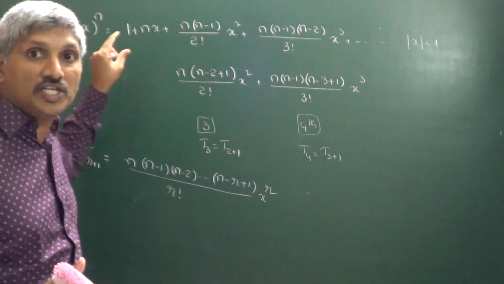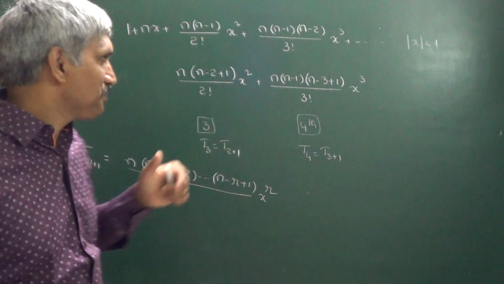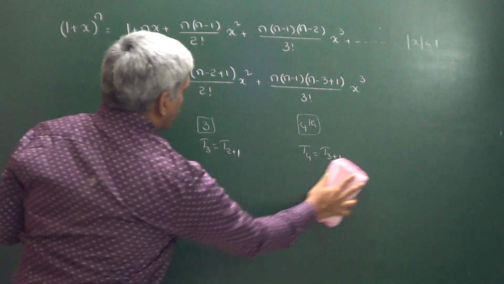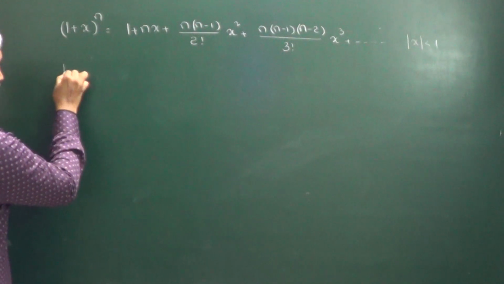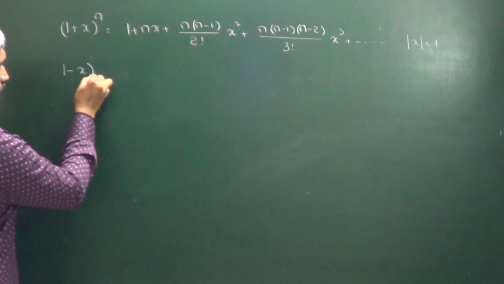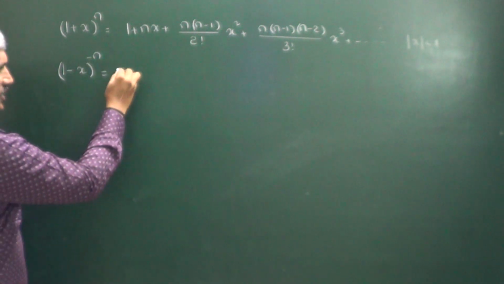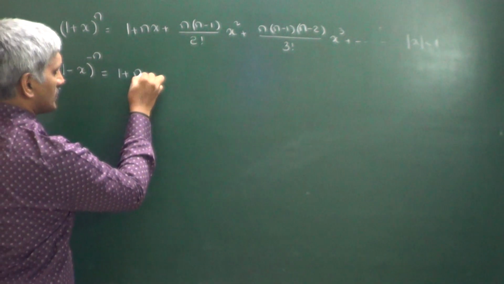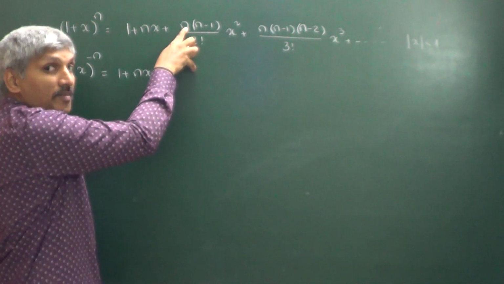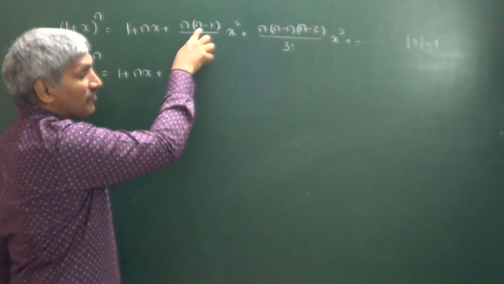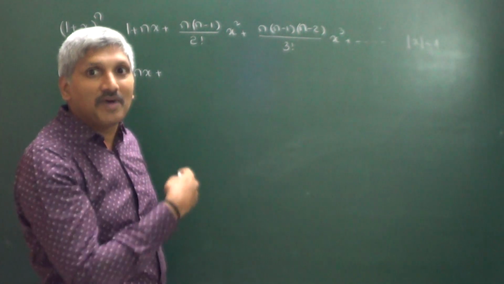This expansion is valid only when |x| < 1. Now what I am going to do here is replace x with -x and n with -n. Then what happens? This can be written as 1 + nx, since in place of n we write -n and in place of x we write -x.